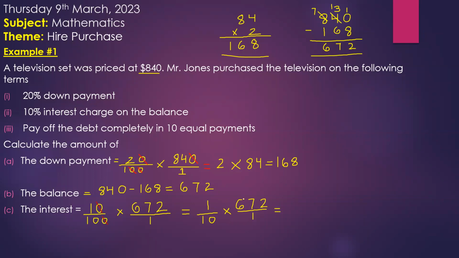And what is 1 times 672? That's going to be 672, divided by 10 times 1, which is 10. And then we do 672 divided by 10.